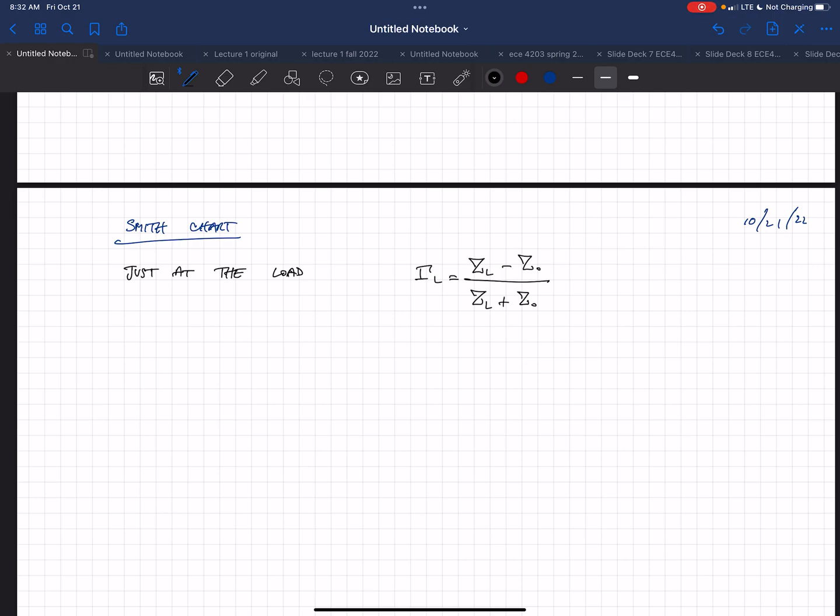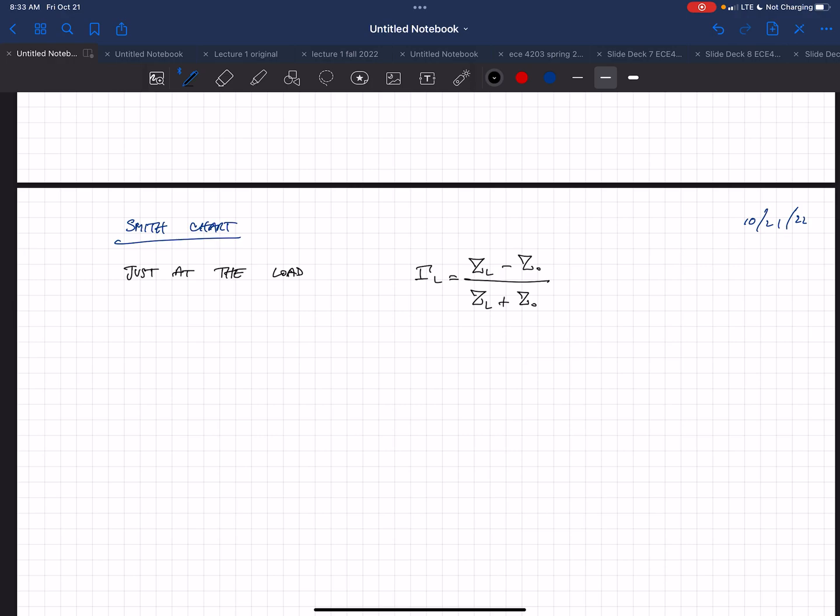Okay, now again, that's at the load, but when we started, we just had the characteristic impedance of the line, and then the load impedance. Then we started defining something called the line impedance, which is the impedance anywhere along the line.